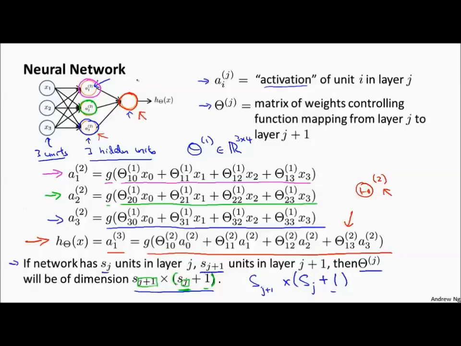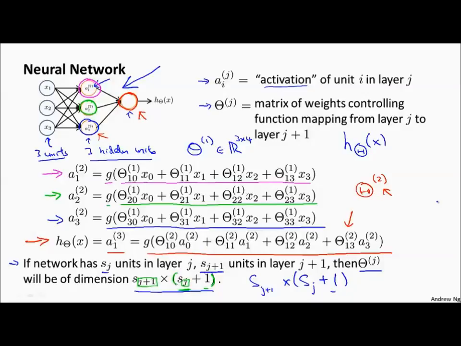To summarize, what we've done is show how a picture like this over here defines an artificial neural network which defines a function h that maps from x's input values to hopefully some space of predictions y. And these hypotheses are parameterized by parameters that I'm denoting with capital theta, so that as we vary theta, we get different hypotheses, so we get different functions mapping, say, from x to y.